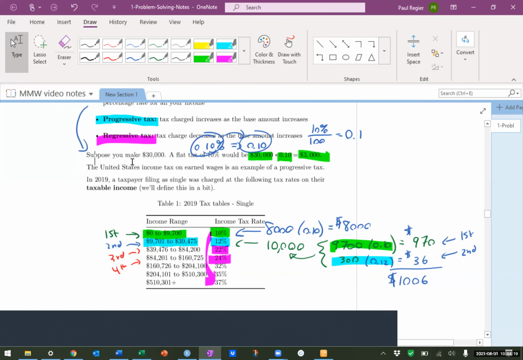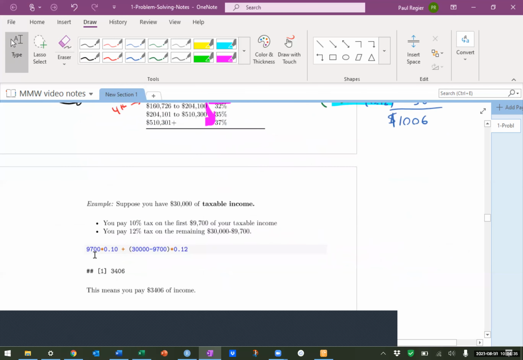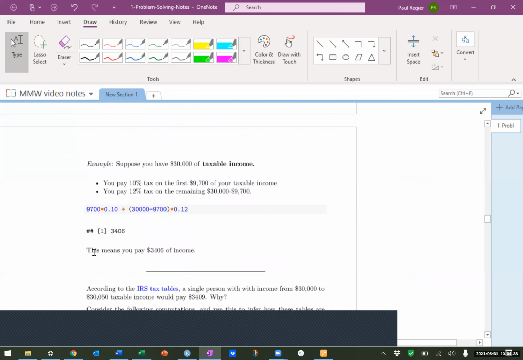In solving a problem, firstly, you find out what income you're taxed on. It's called taxable income. And then you apply your income into the different brackets that it falls into. So let's look at another example. $30,000 taxable income. Here's how you can break it up. The first tax bracket, for which you pay 10%, is 9,700.